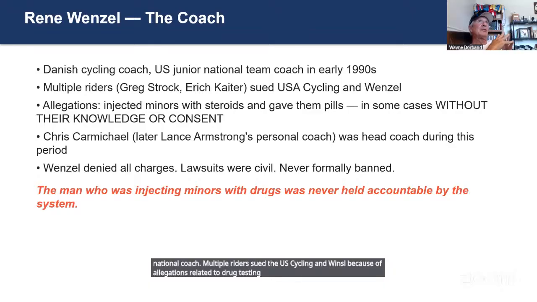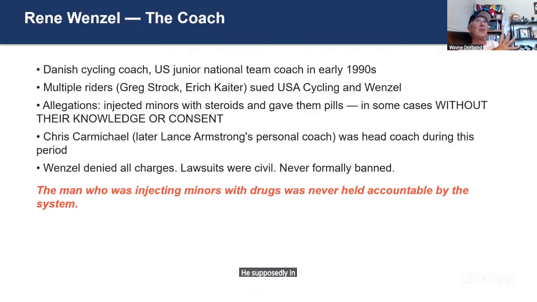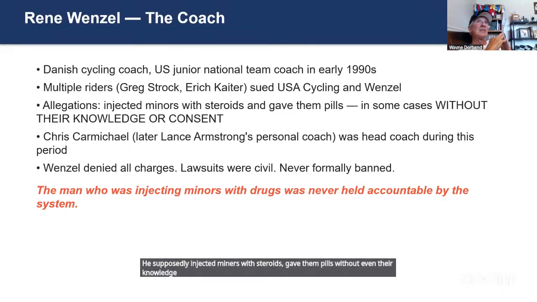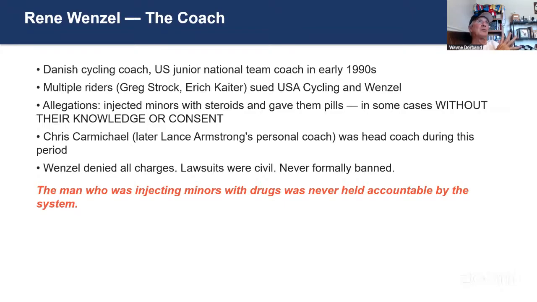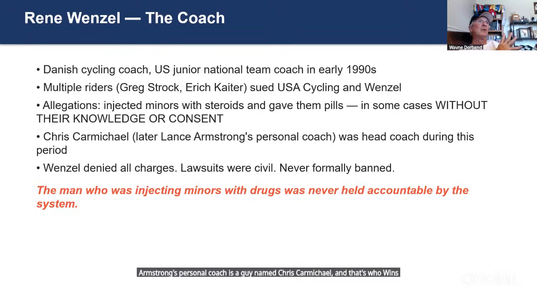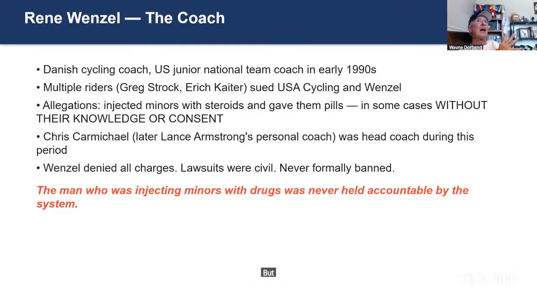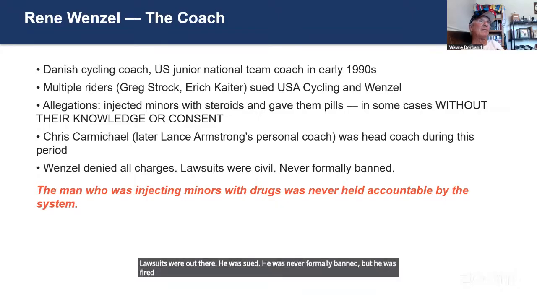He supposedly injected minors with steroids, and gave them pills without even their knowledge or consent. Armstrong's personal coach is a guy named Chris Carmichael, and that's who Wenzel worked for. Wenzel denied the charges, but lawsuits were out there. He was sued. He was never formally banned, but he was fired at that point.